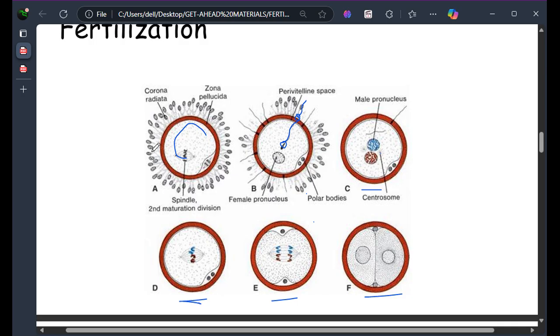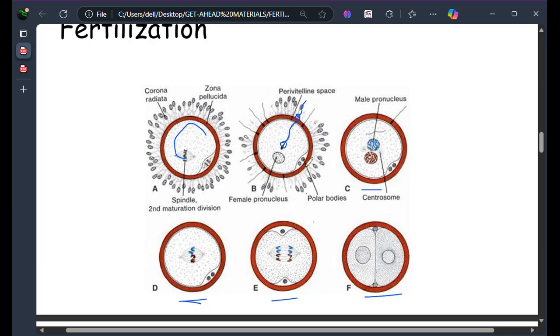So as we are completing meiosis 2 here, the polar body is also finishing its meiosis 2. Once you have completion of meiosis 2, you're going to find that there are two polar bodies, because they were dividing here.